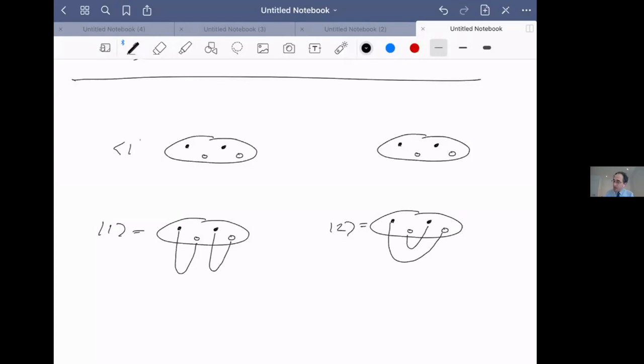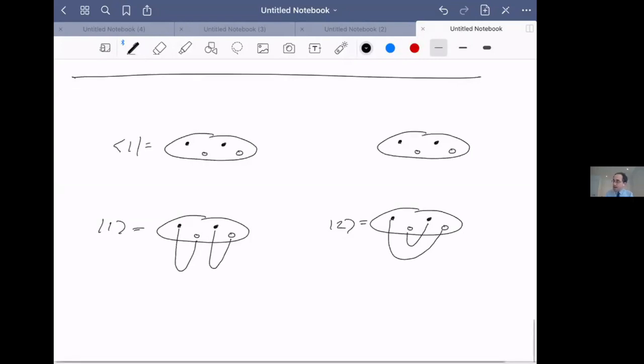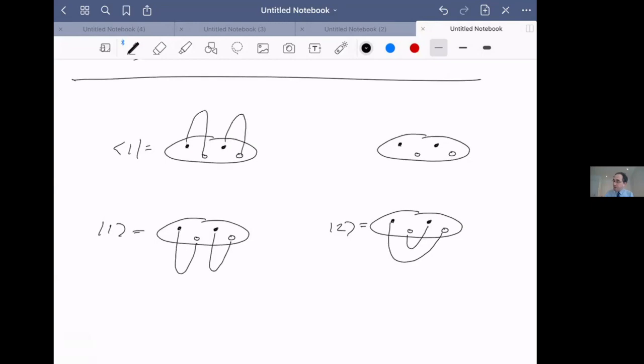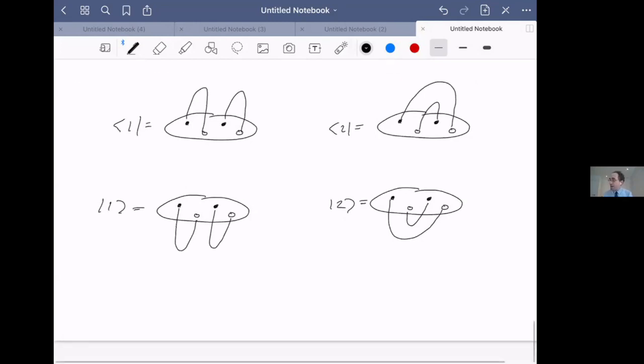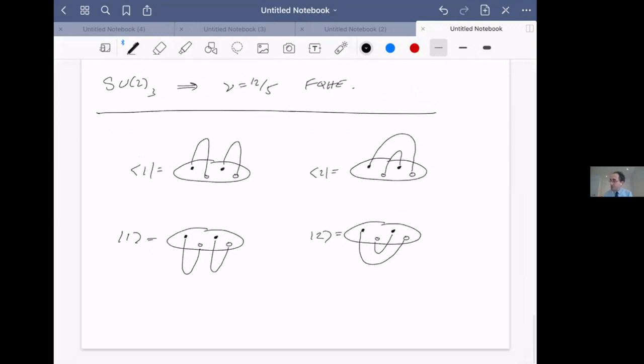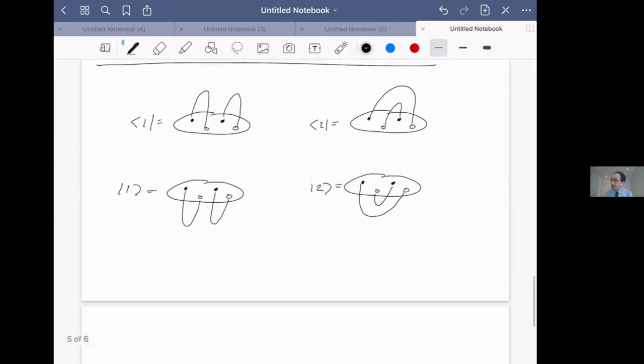To do that, I need to construct the bras to go with the kets. So the bras are just the time reversal of the kets, like this, like this. And in order to take an inner product between a bra and a ket, what you have to do is just squeeze these two pictures together, bring the bra down to meet the ket.